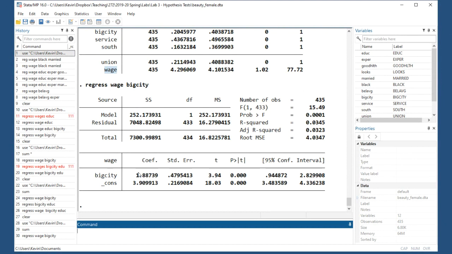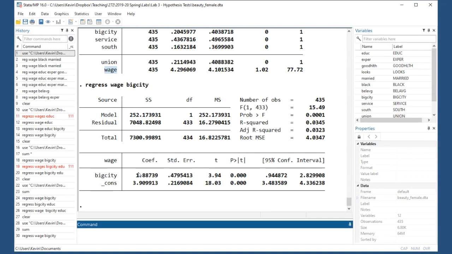If there were no bias, what that would mean is that for the average person not living in a city, if we kept everything else the same, if we kept their education levels the same, if we kept their skill sets the same, and we brought them to a city, they would be making $1.88 more per hour on average.